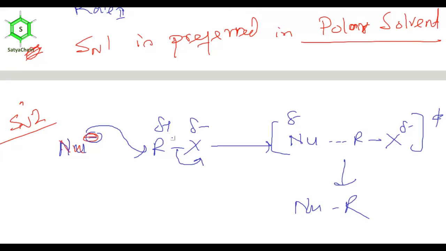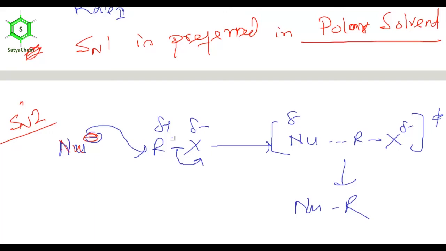So SN2 reaction doesn't prefer polar solvent. Suppose for this moment we consider only polar solvent, because remember that there are two types of polar solvent. One is polar protic solvent and another is polar aprotic solvent.